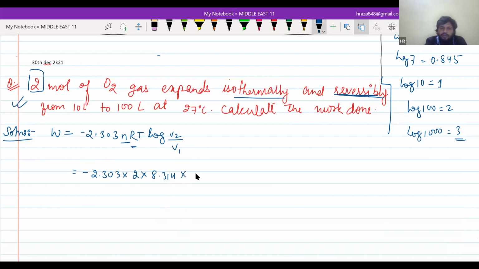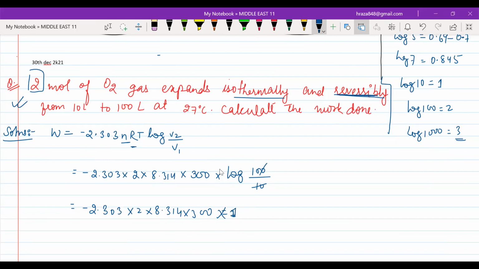And what about temperature? 27 degrees centigrade, that means 300 Kelvin. What about V2? V2 is 100 and V1 is 10. So it will be something like 2.303 into 2 into 8.314 into 300, and it will be log 10, and log 10 equals 1.